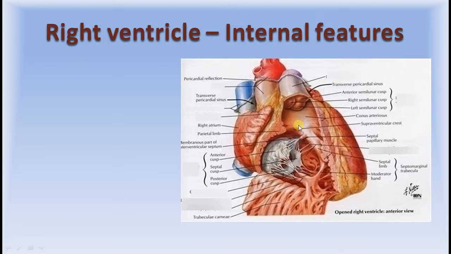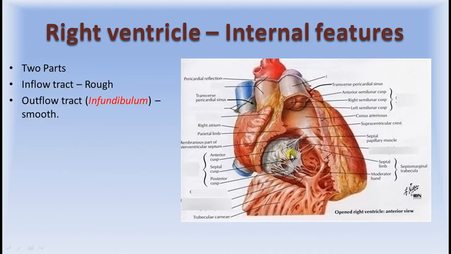The interior of the right ventricle mainly consists of two parts, a rough part and a smooth part. In the atrium we described a rough anterior part and a smooth posterior part, but here we call it a rough inflow tract and a smooth outflow tract.